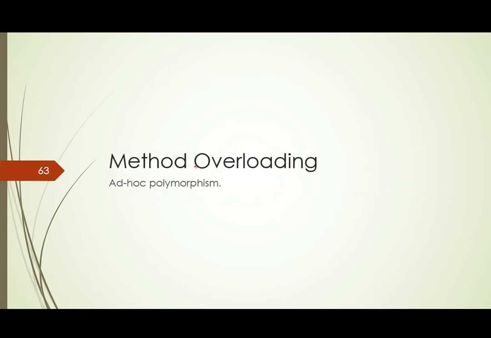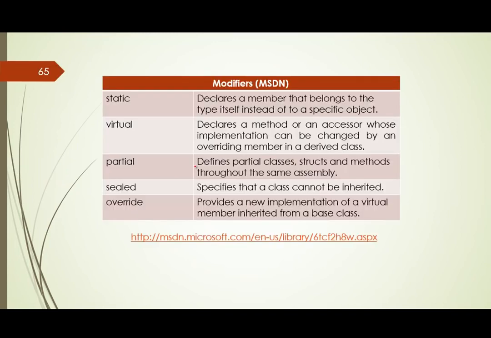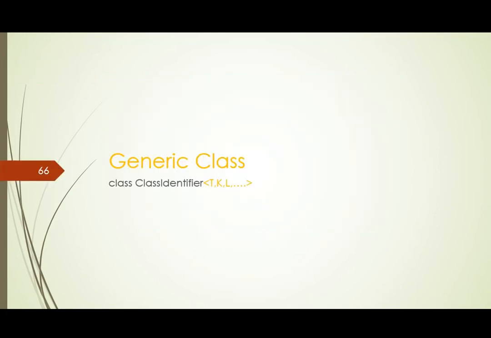It's very simple. So method overloading, we have talked in the coding that it's ad hoc polymorphism, or said to be static polymorphism. It's very simple to do. Calling by base class, we have seen it, and static modifiers, you can check out the links.